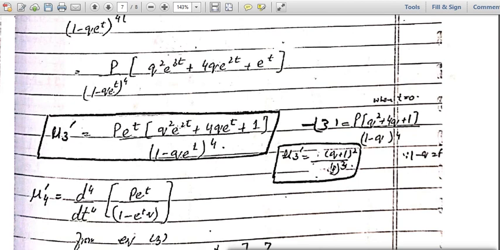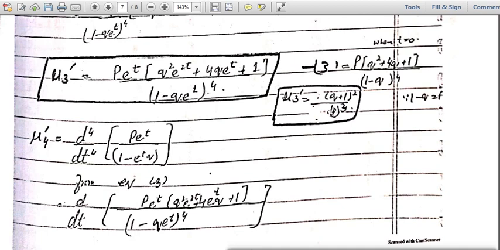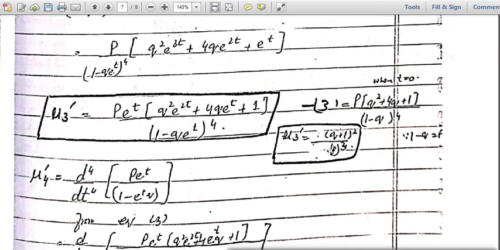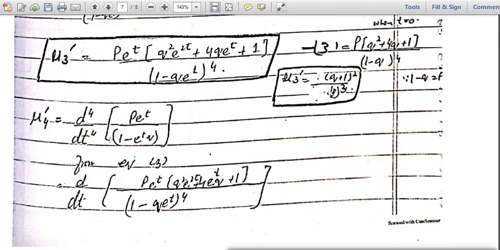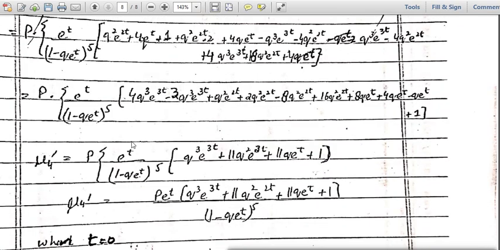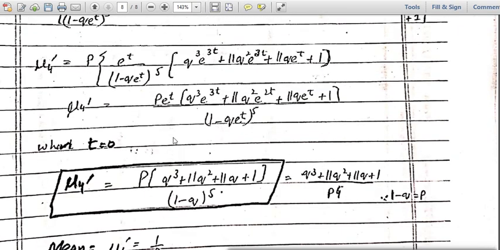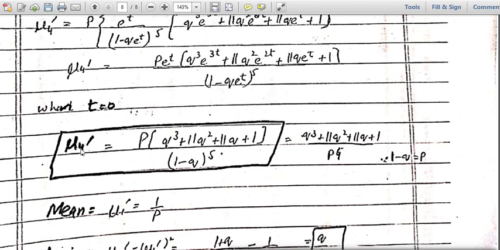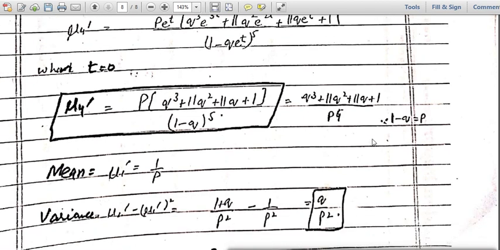This is the value of mu3 prime, with p to the power 3 in the denominator. For the fourth moment about the origin, we take the fourth derivative of the moment generating function. You can do all the calculation, and put t equal to 0 for the fourth moment about the origin.